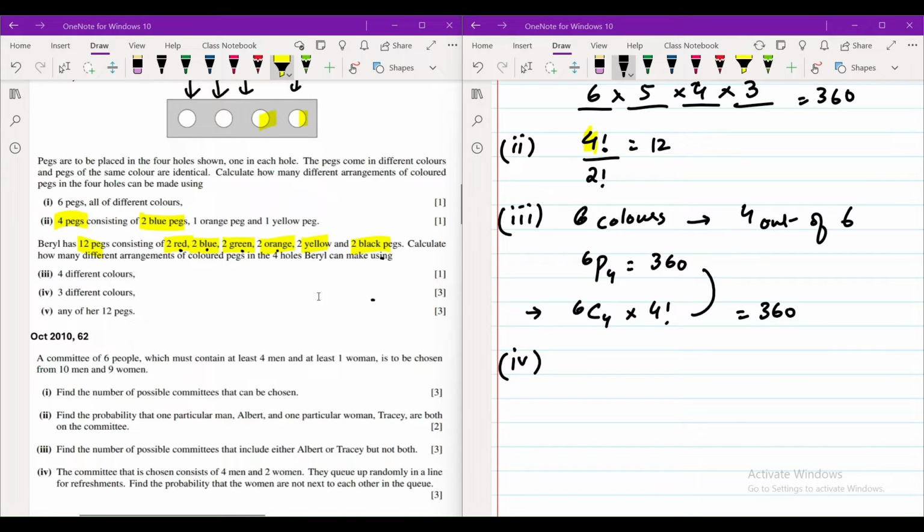But for each one of them, I have 4 slots to fill. So for example, I get 2 red over here.